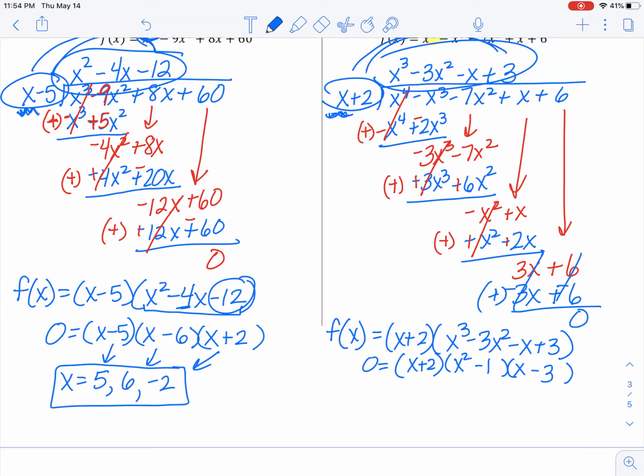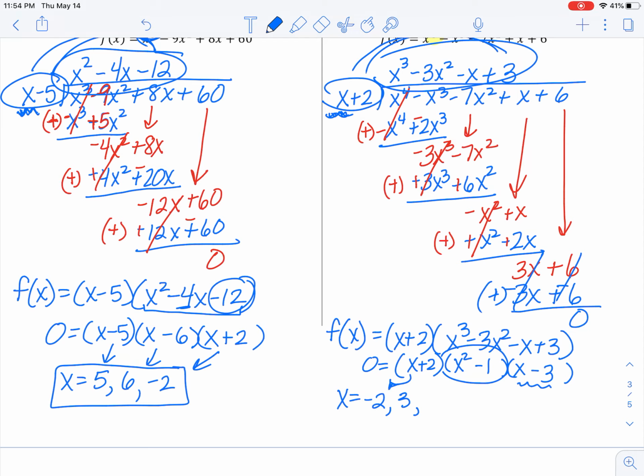Now I can set it equal to 0 to find all of my zeros. So my first factor, x plus 2, will give me a 0 of negative 2. My last factor, which is x minus 3, will give me a 0 of 3. But this x squared plus 1 needs a little bit of work.